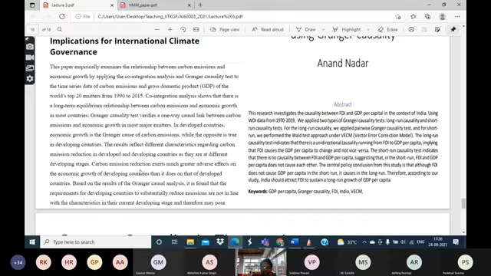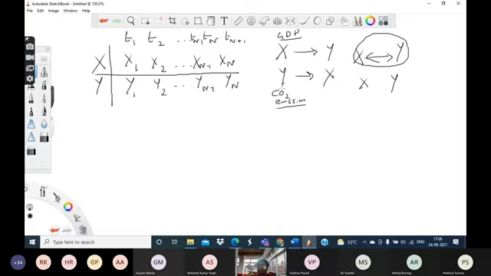Carbon emission reduction exerts a much greater adverse effect on the economic growth of developing countries than it does in the developed countries.